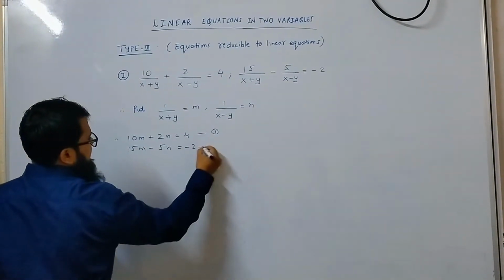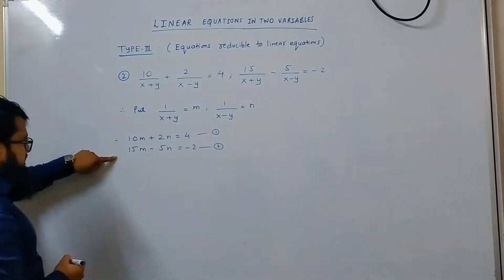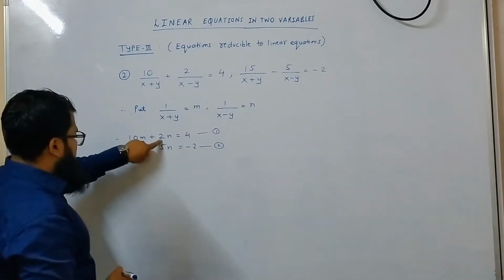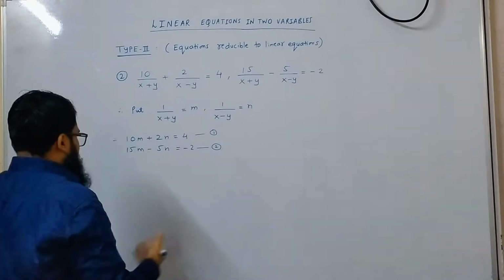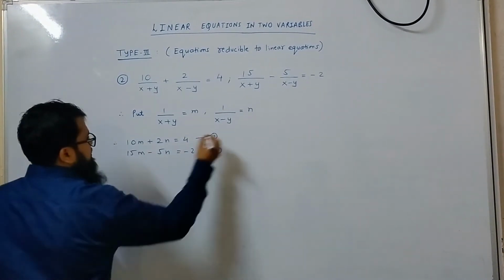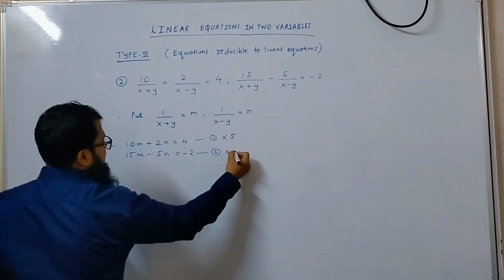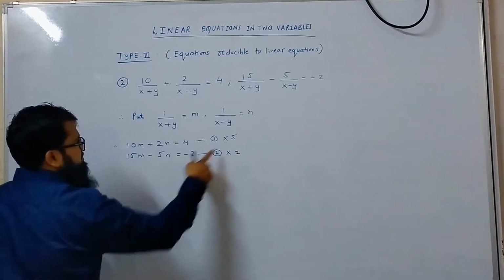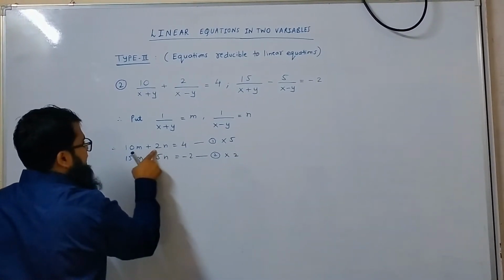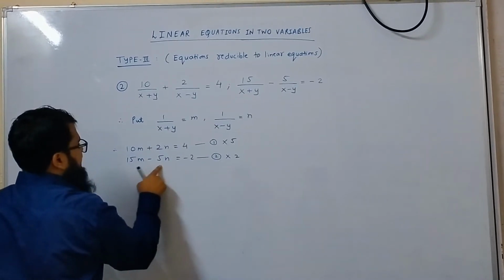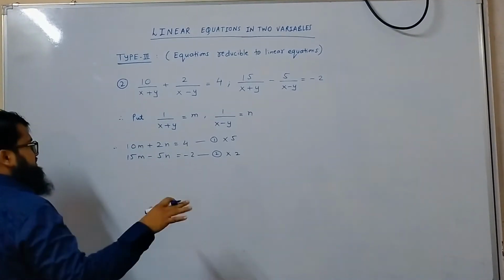Again, you can see that in both these equations, the coefficients are not equal. You can make it equal by multiplying 1 by 5 and 2 by 2. This will make the coefficient of n as 10, and this will make it as minus 10, and if you add them, it will cancel out.